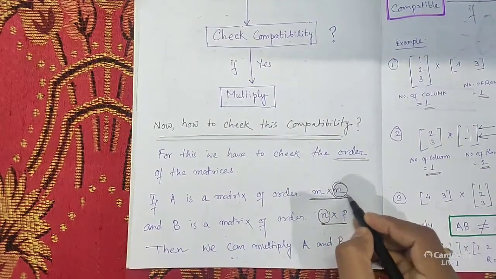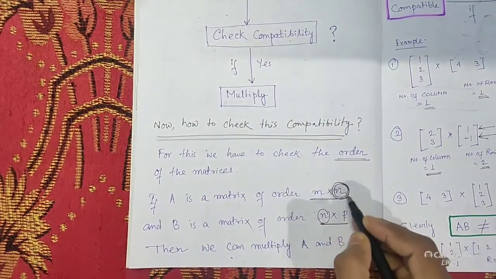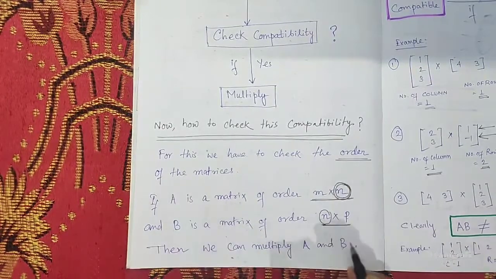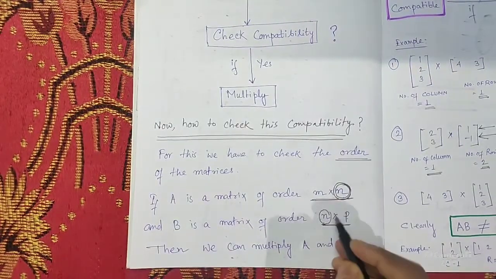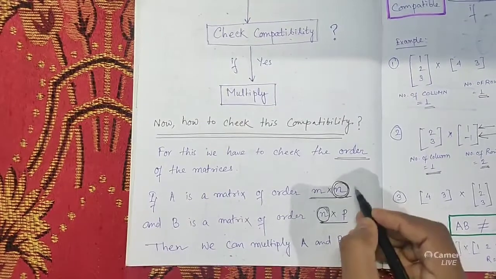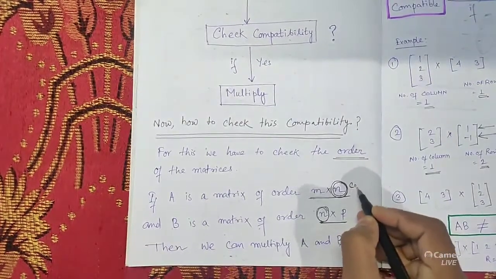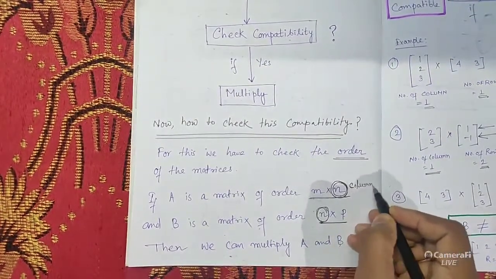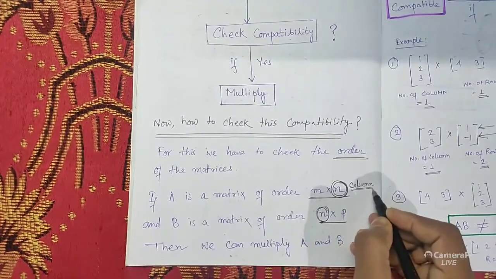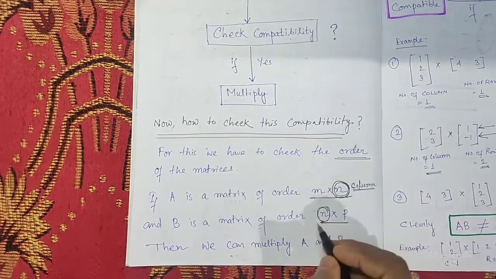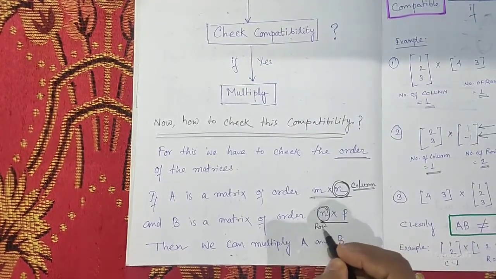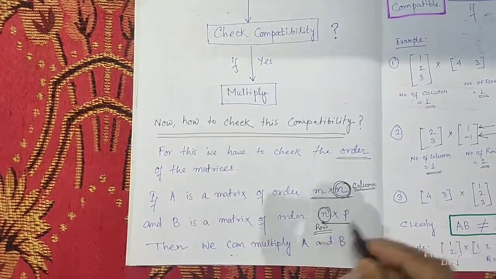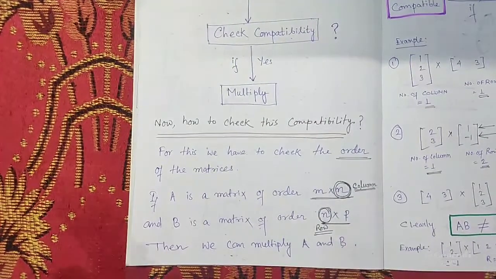You should look: the number of columns of the first matrix should be equal to the number of rows of the second matrix. Remember it. Then only we can multiply two matrices.